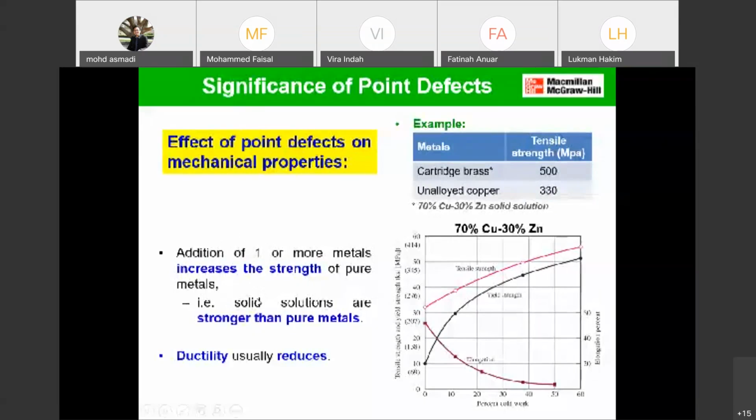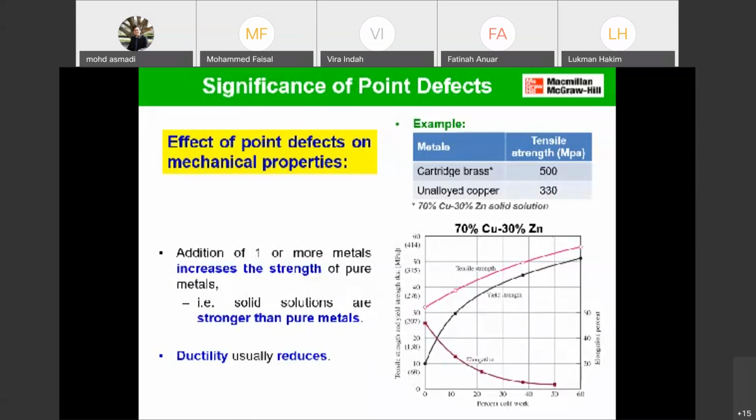This solid solution makes the pure metal stronger. However, the ductility is of course reduced, because it is already mixed with one or more other metals.